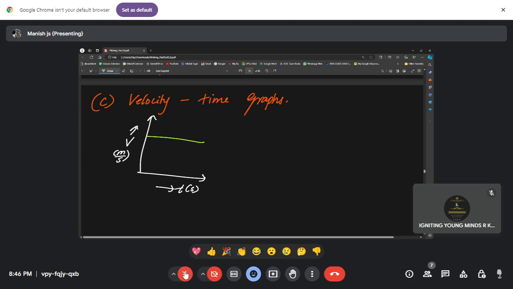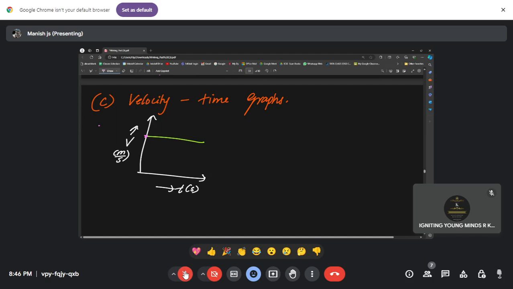Okay, fine. You should not come to a conclusion like that because this is a velocity time graph. It's not a displacement or position time graph, right? Don't you think there is a velocity value here? Velocity is not zero. At this point, there is some value. It can be 5, 10, 15, whatever, you name it.